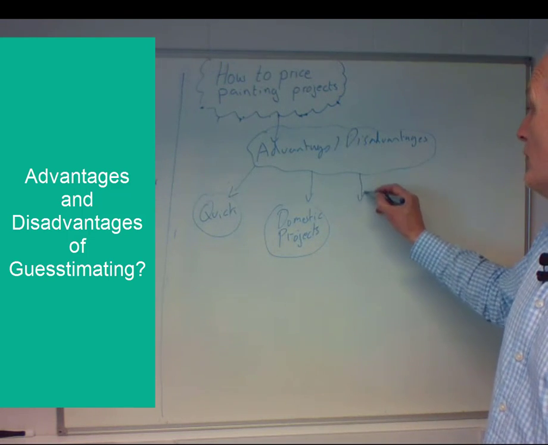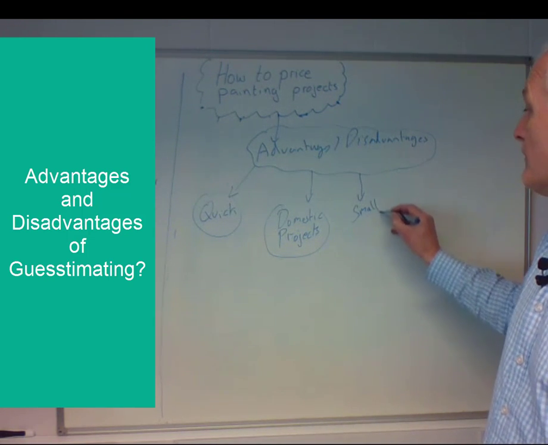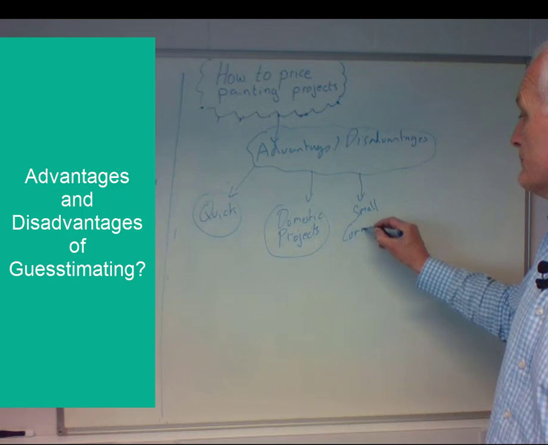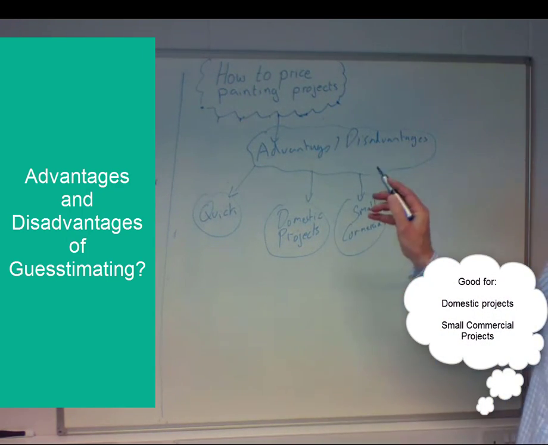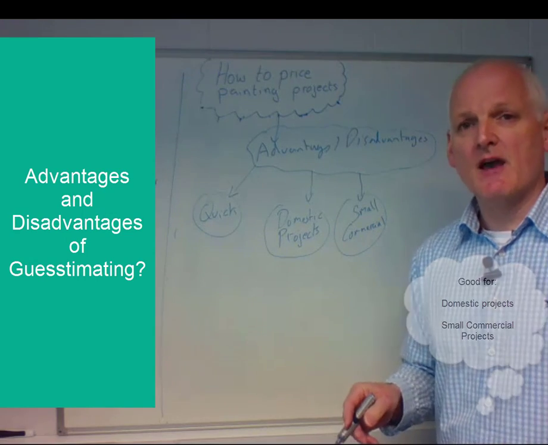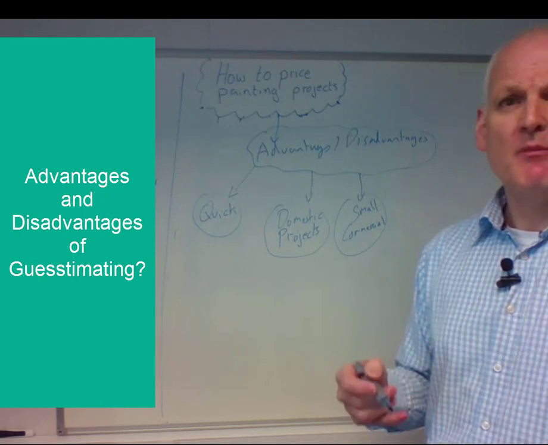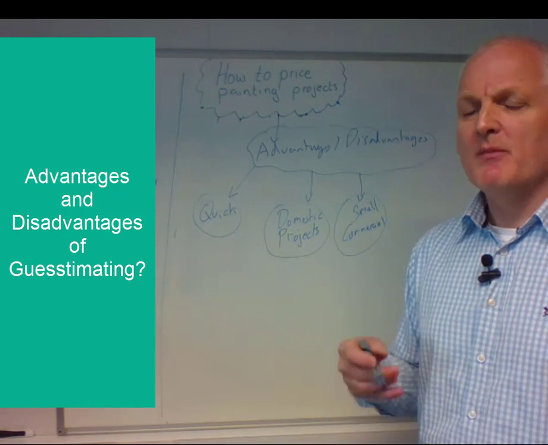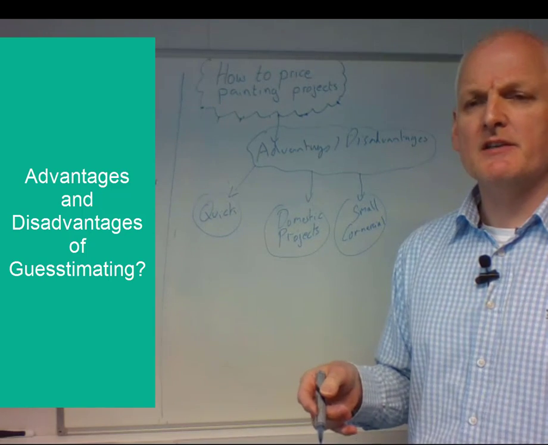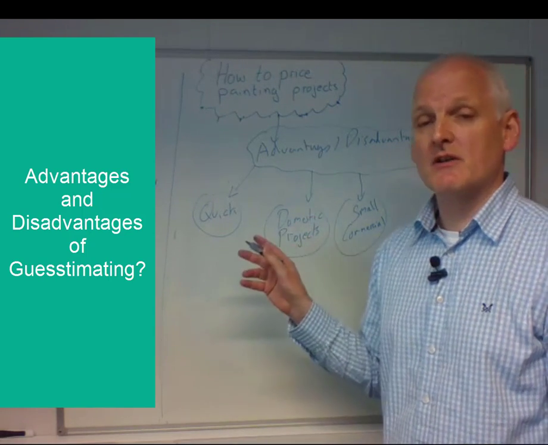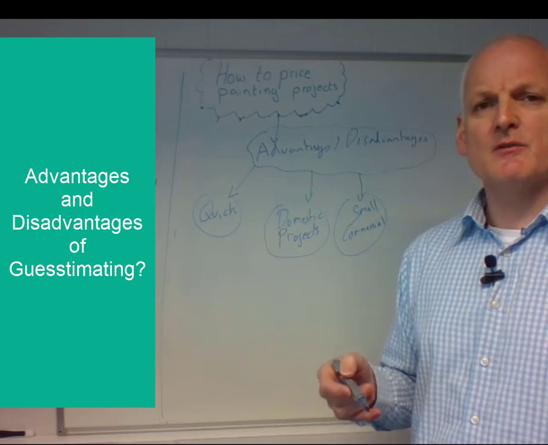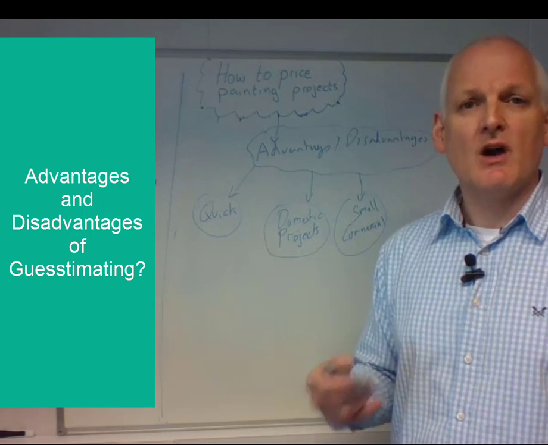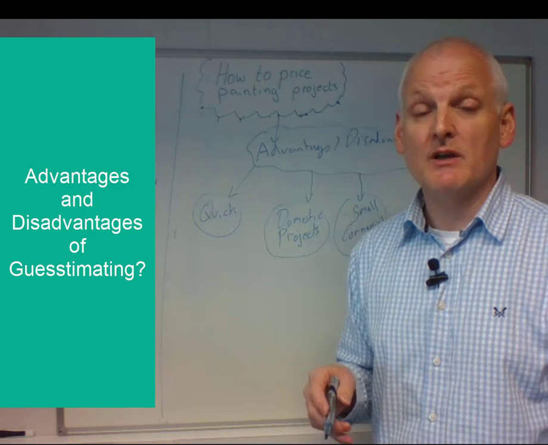It's okay for small commercial contracts. Where this method of pricing really falls down is as you start to step up in size of project. So medium to large size commercial painting contracts, it's a dangerous system to use. You could be seriously out in your estimate. You could be far too high, in which case you're not going to win the works anyway.